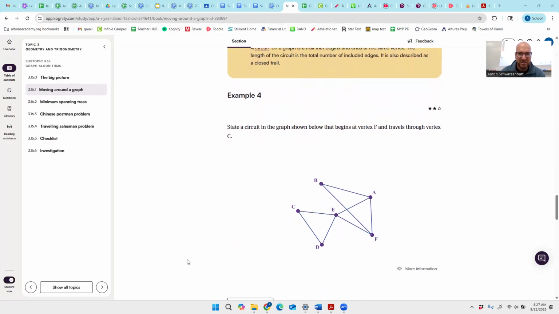Example 4: state a circuit in the graph that begins at F and travels through vertex C. So it begins at F, travels through vertex C. I'm going to go this way, and that's a circuit. I could have reversed my order, or there are other ways around those sides.